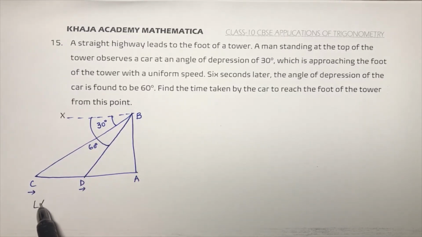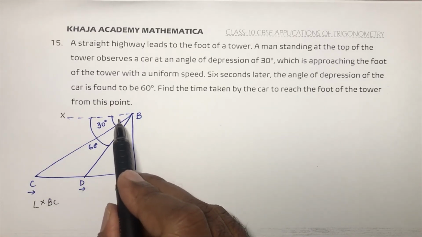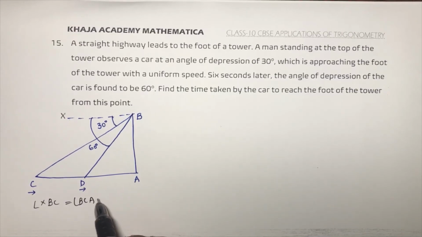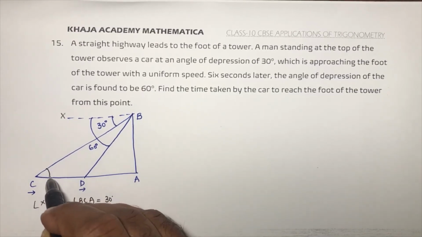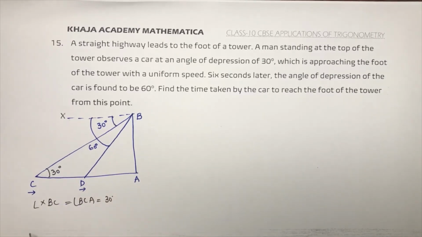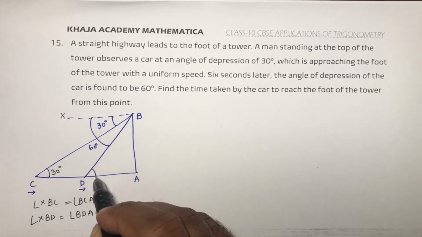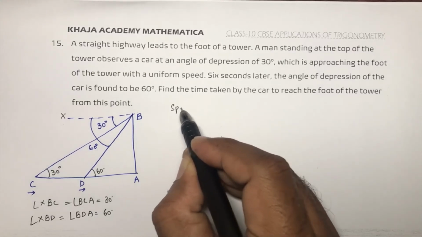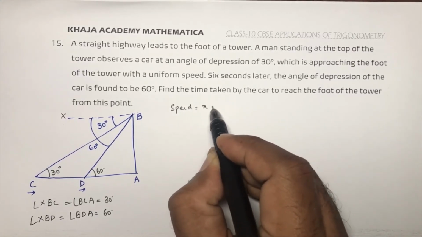Angle XBC equals 30 degrees, which is equal to angle BCA, 30 degrees. So this angle is also 30 degrees. And next, angle XBD equals angle BDA, which will be 60 degrees, interior alternate angles. Now here, let the speed be x.